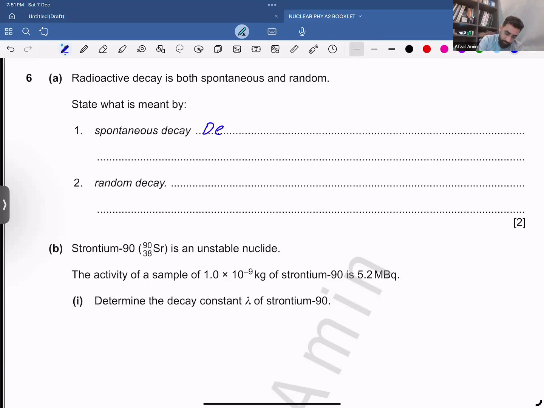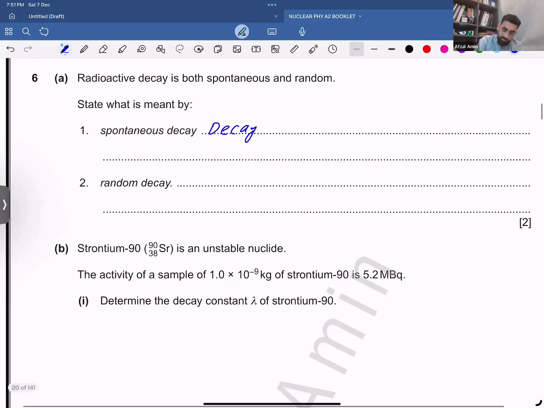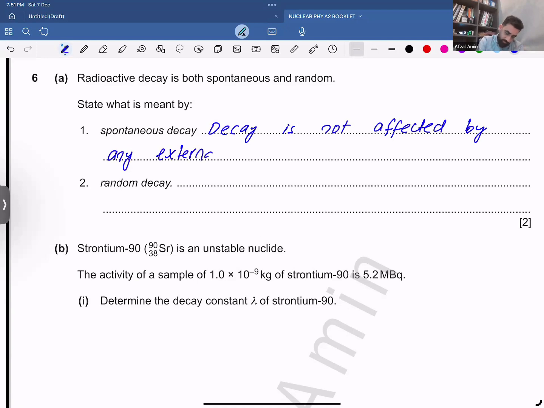So decay is independent of any external factor or external condition. Any such wording could be written.